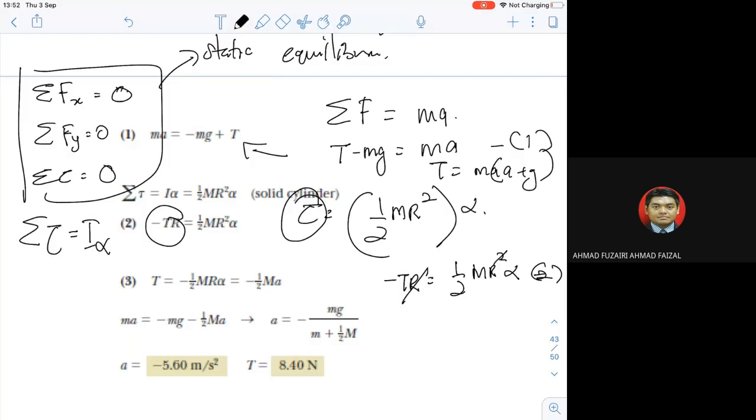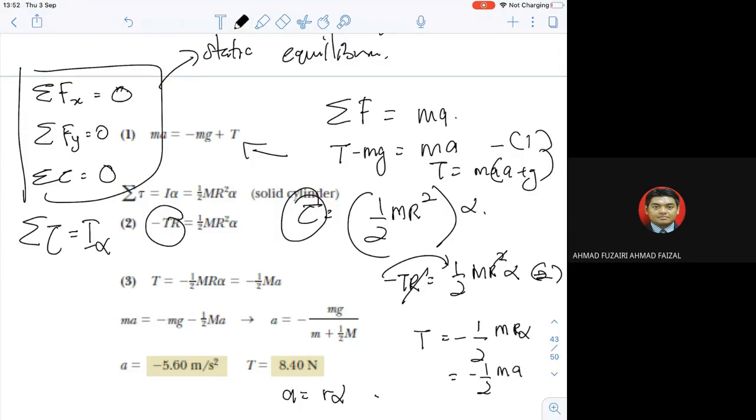In the end we get T equivalent to half MR alpha. We remember that A is R alpha, so we get half MA.